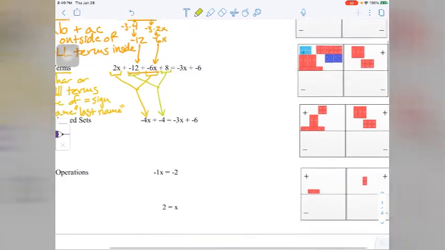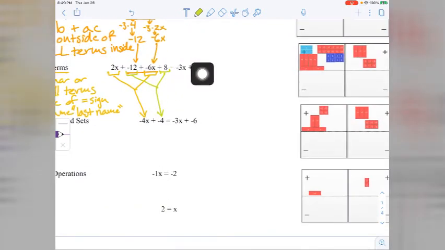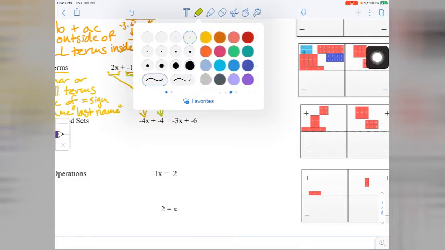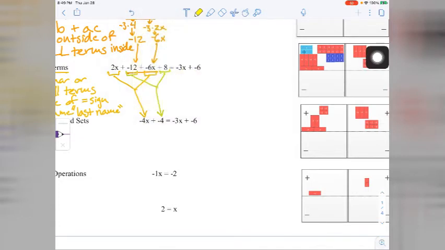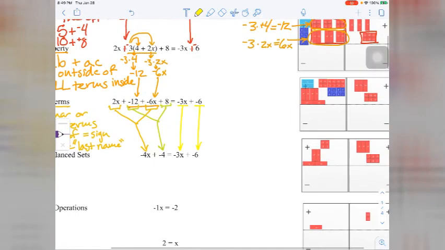Now, just to be clear, on the other side of the equation, there are no like terms. I can't combine 3x with 6, or with -6. So no x's and 1's can go together. So I'm just going to bring those down and rewrite those. That's what you do when there's no math to be done on something. You just rewrite it. Notice that it's the same -3x plus -6 that I had there.